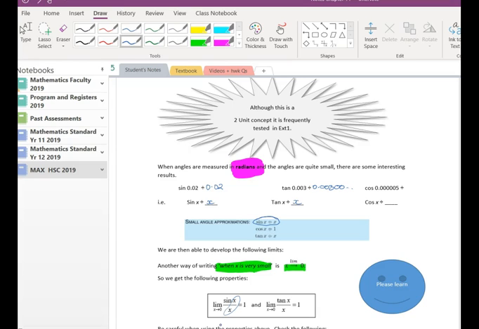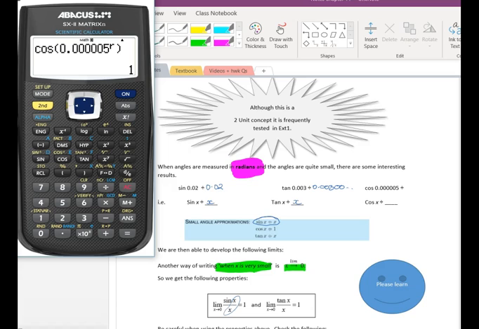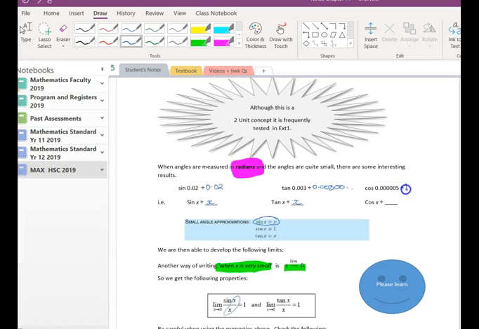Just before we go on, let's have a look at cos of something very, very small. And you can see a very different observation now. The cos of a very, very small angle is actually 1. Now, if you thought about the cosine curve, here where theta is very, very small, of course cosine is up here at 1.